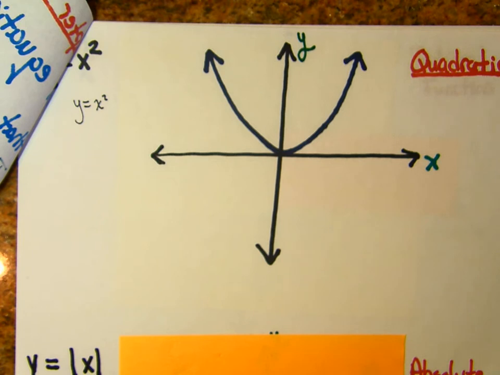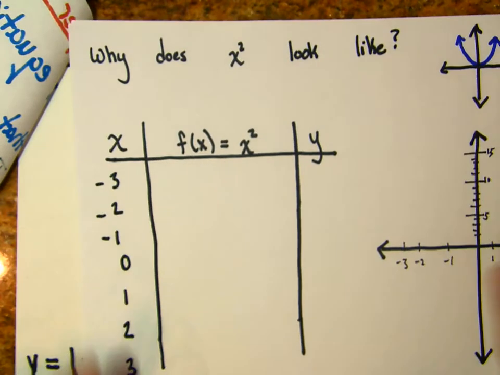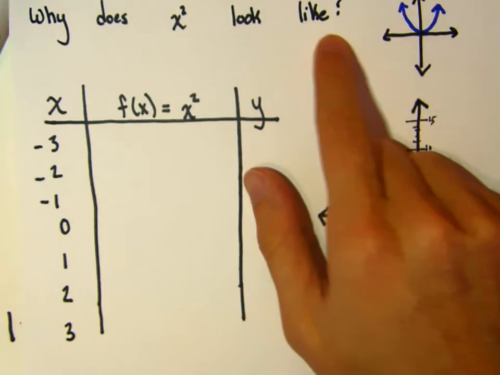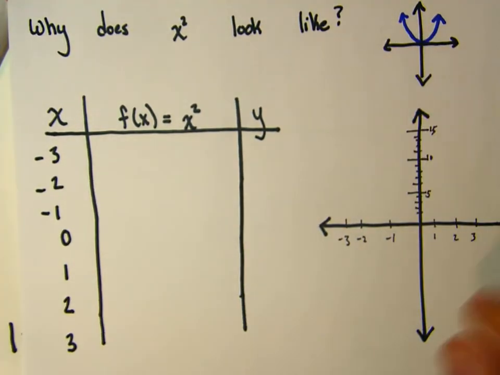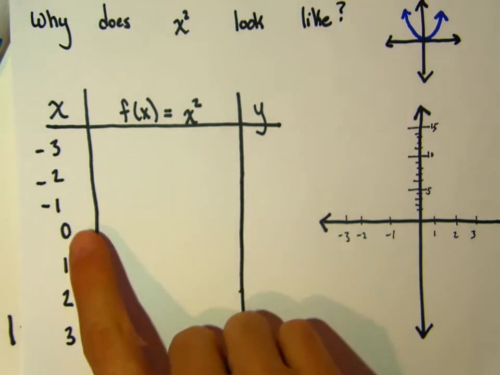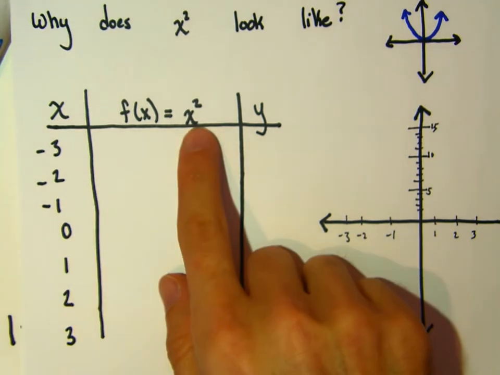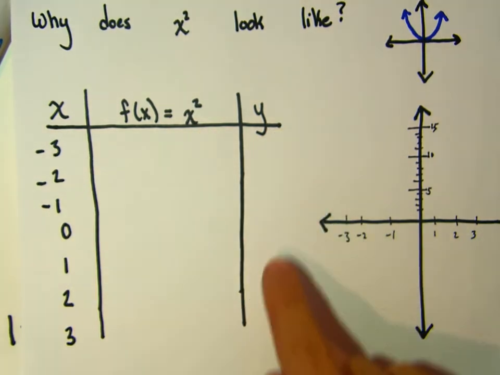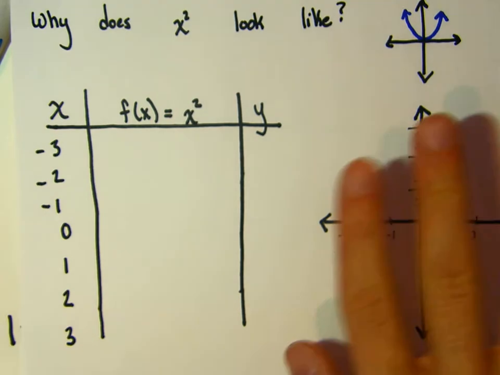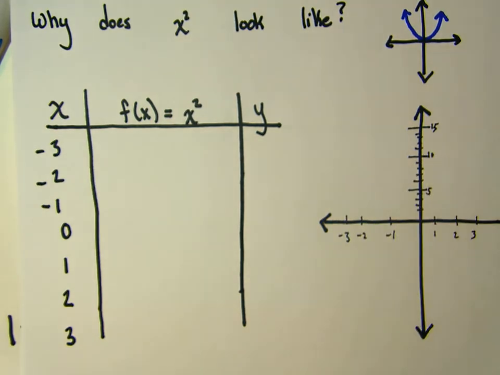Why does x squared look like this, right? If you want, take your time, pause the video, plug in the values of x into this function. What y values do you get? Plug in the points and see for yourself that you should get this shape. Right?